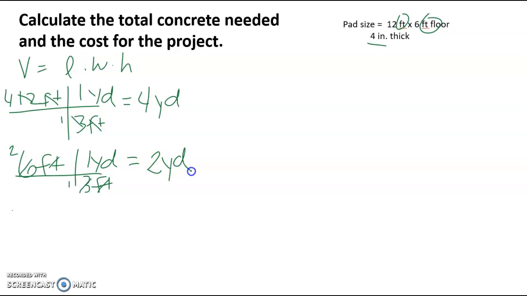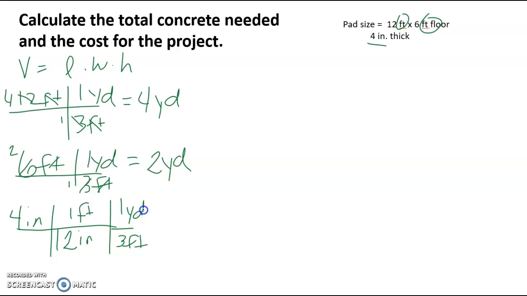Then I have my 4 inches, which I need to convert into feet and then yards. So I'm going to do 12 inches into 1 foot, and then 3 feet into 1 yard. In this case, my inches will cancel out, my feet will cancel out, and I'll be left with yards.